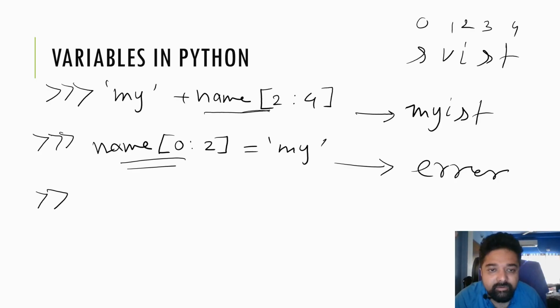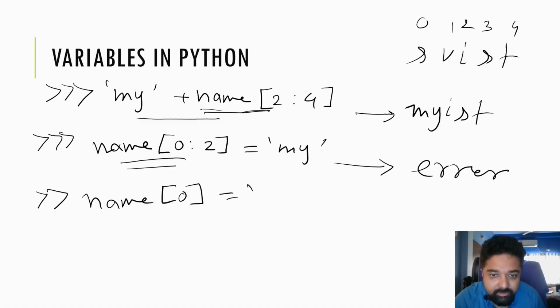We can concatenate this way, but the value of this variable remains the same, so we cannot do that. Even we cannot write this way, it will again give an error.